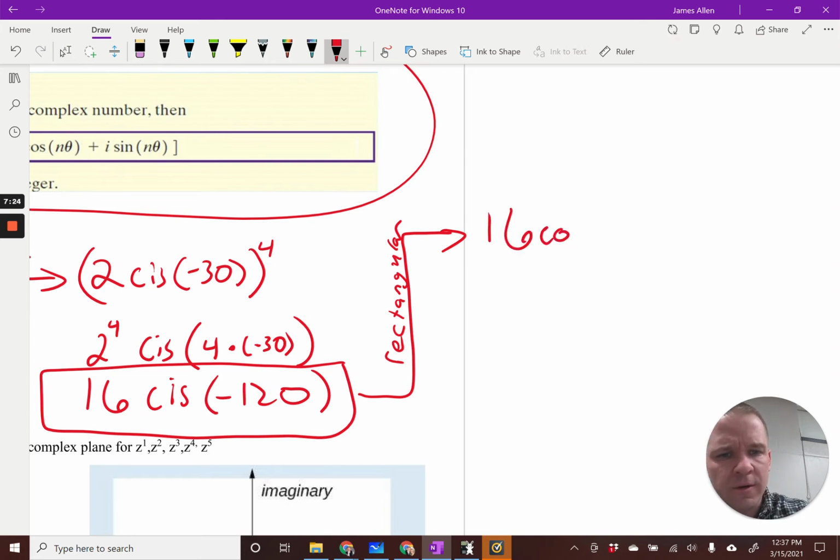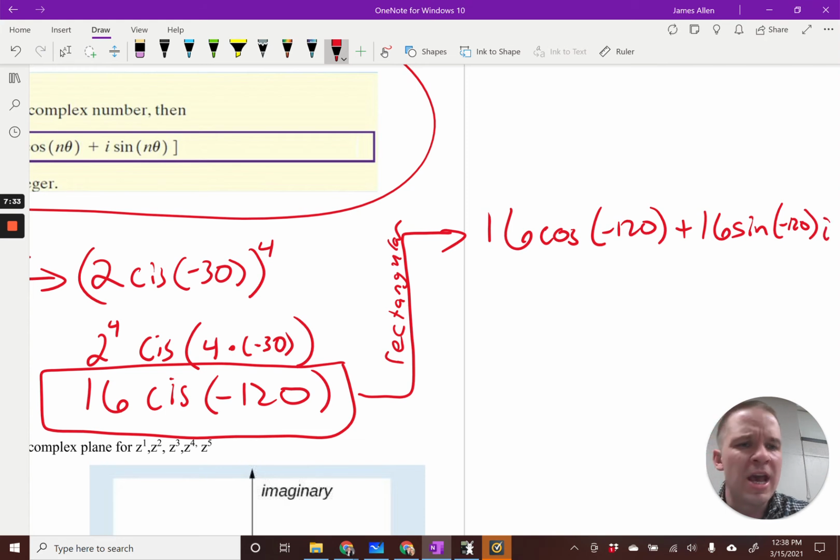We could do 16 cosine of negative 120 plus 16 sine of negative 120 i. And I could draw this picture, or cosine of negative 120. What is that? So this is going to be 16 and then negative 1/2, right? That's in the third quadrant, with a reference angle of 60.